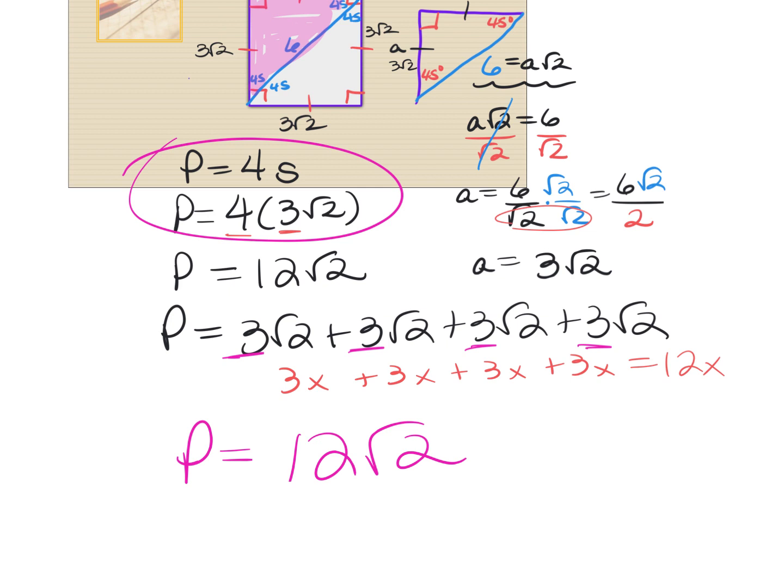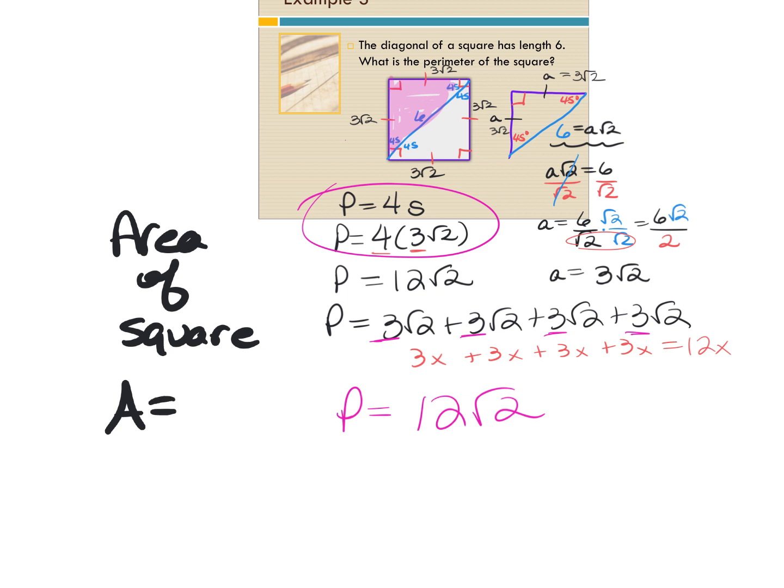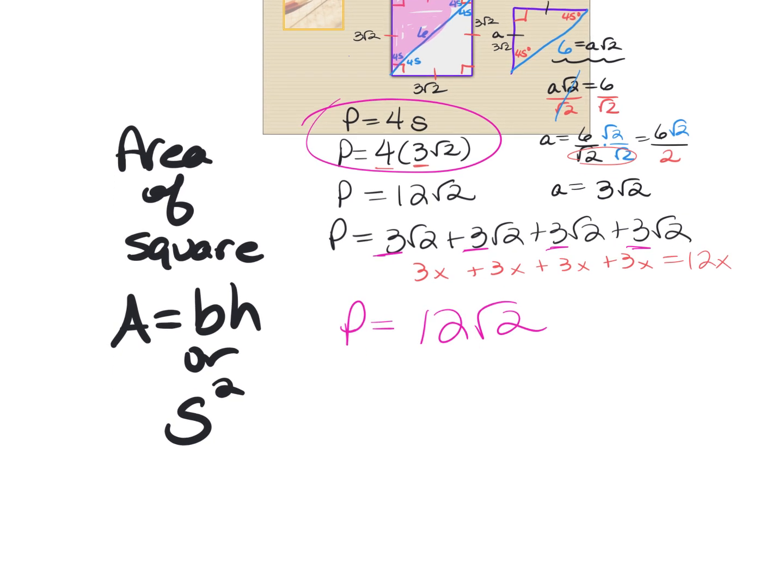Now, I know this question had only asked for perimeter, but let's say it said find the area. So if the question would have said find the area of the square, then area is either base times height, or just side squared. So my base and height are the same thing.